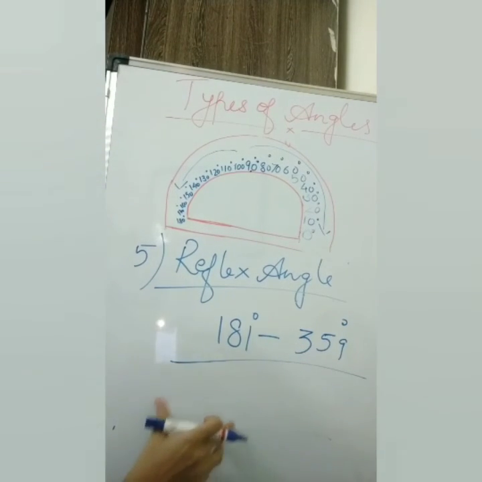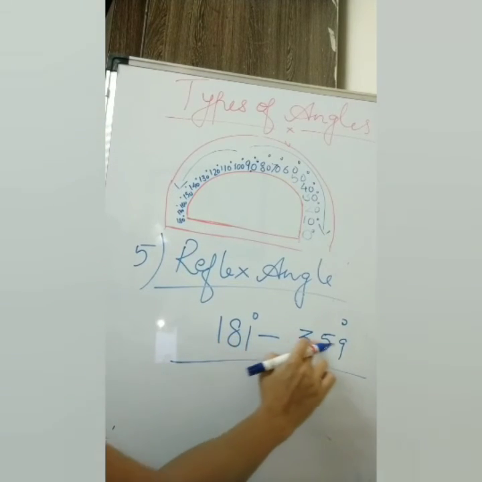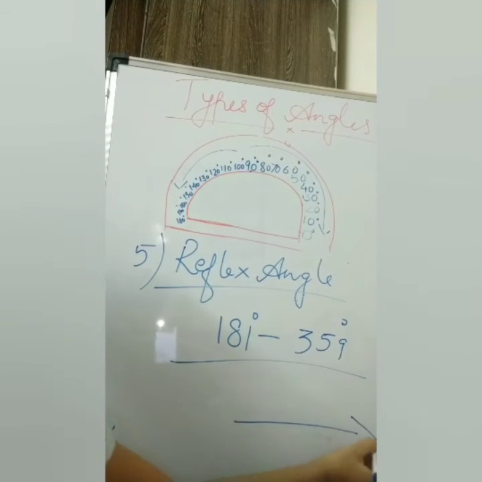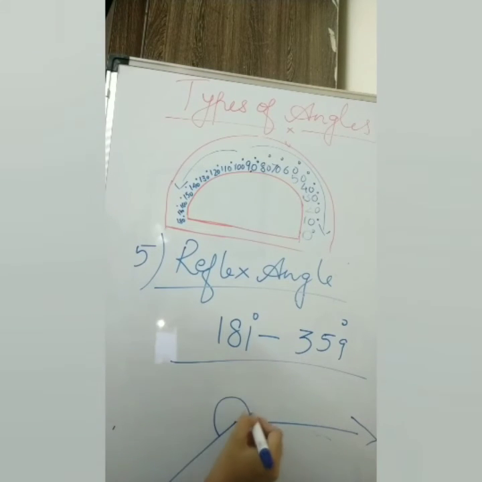So angles in the range of 181 to 359 degrees are called reflex angles. Now reflex angles will go this way. Suppose P, Q, R.